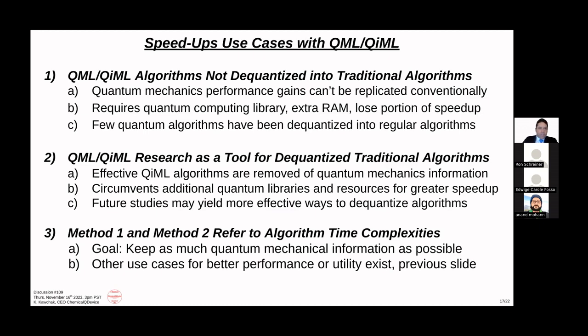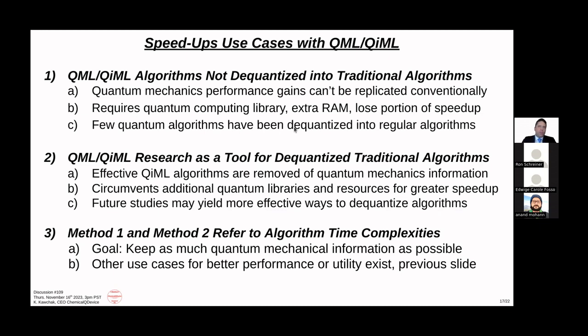And then for this next one, it's speedups. Okay, so QiML algorithms that we can't dequantize today, meaning that the quantum mechanical effects of these algorithms are still intact. Basically, there's no way to replicate that classically.